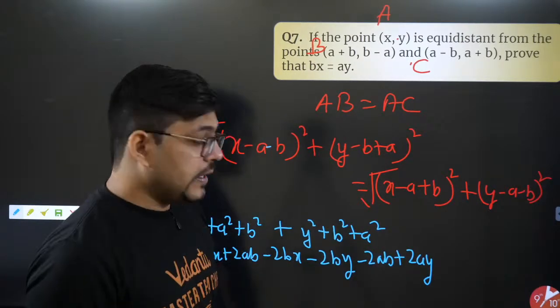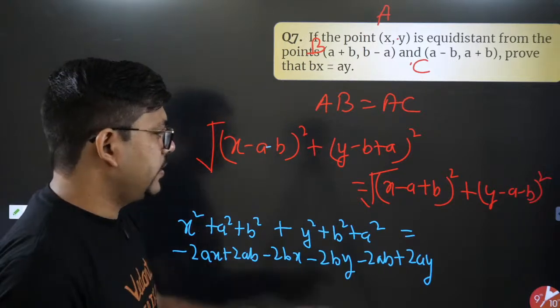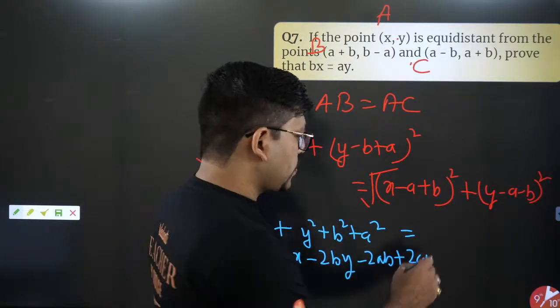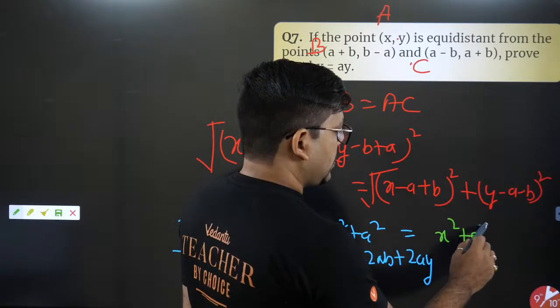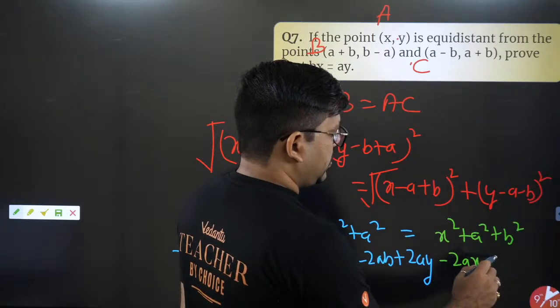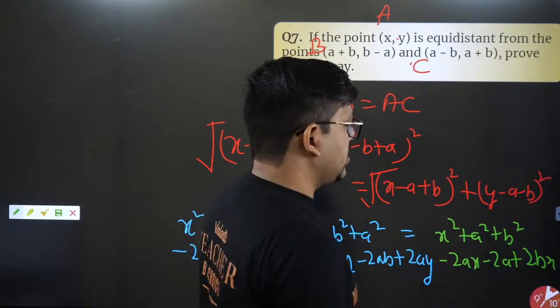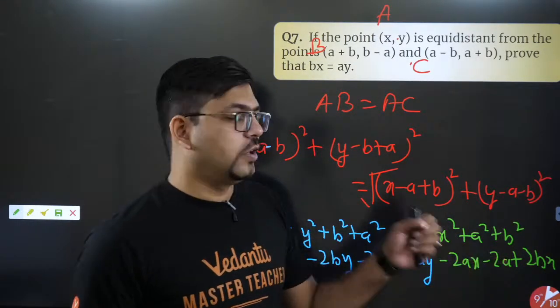This equals, now this side, x square plus a square plus b square, and minus 2ax minus 2ab and plus 2bx.